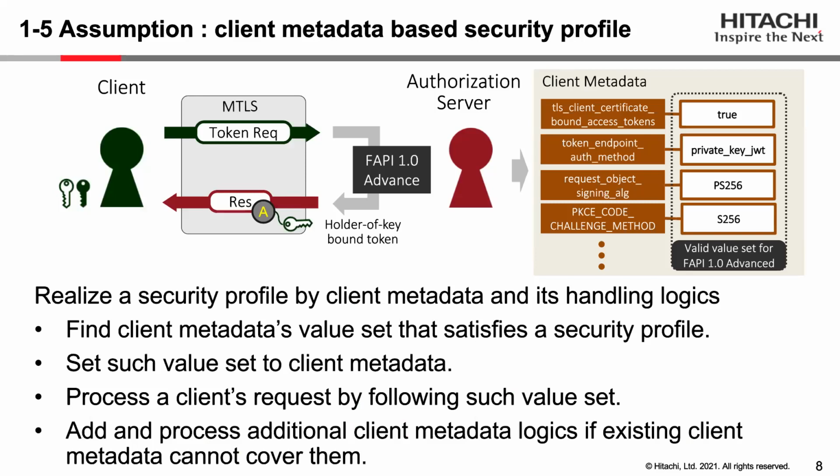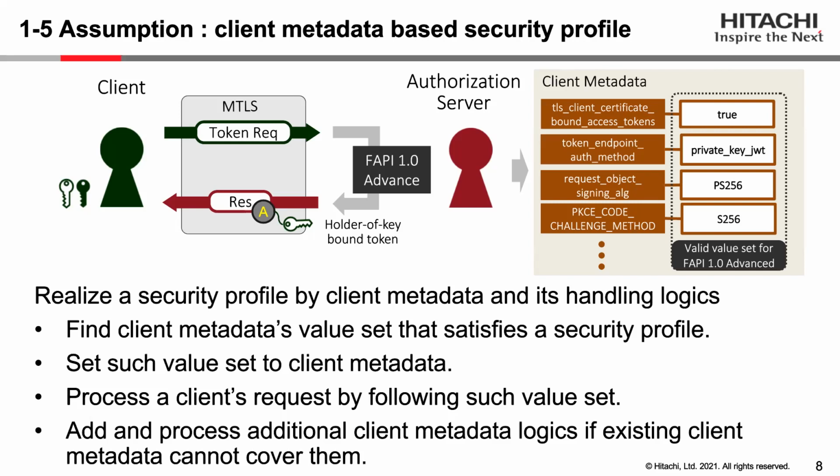Also, I would like to make an assumption for this talk. As I mentioned just before, the authorization server processes a request from the client based on its client metadata. So, I think the straightforward way of applying a security profile is that at first, the server and or client find an appropriate and valid set of values for client metadata that satisfy the requirements by a security profile.